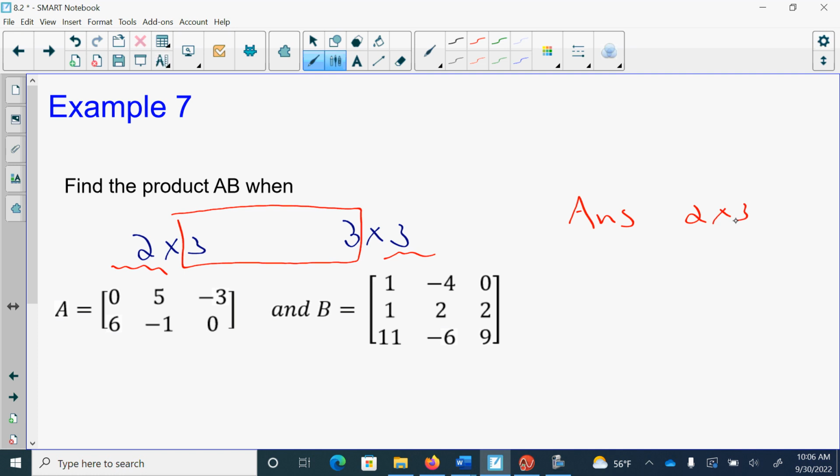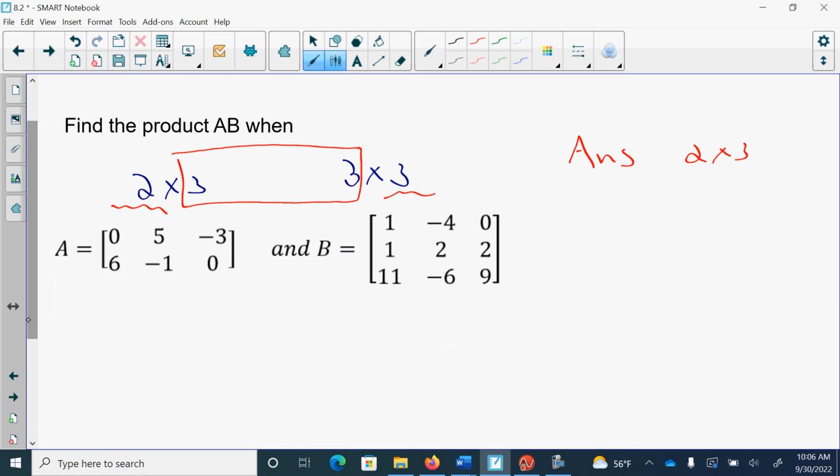To do matrix multiplication, I like writing myself notes. So I'm going to do row 1, column 1. That's what I'm doing.